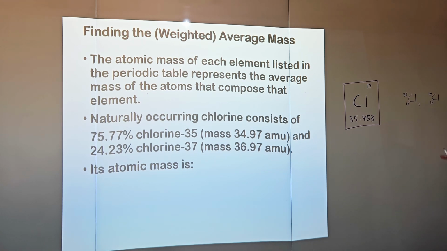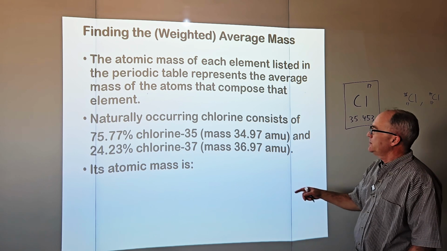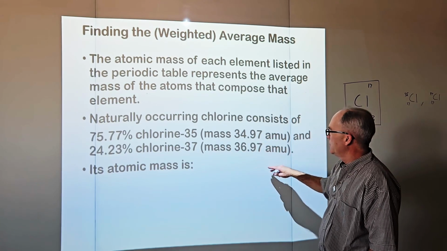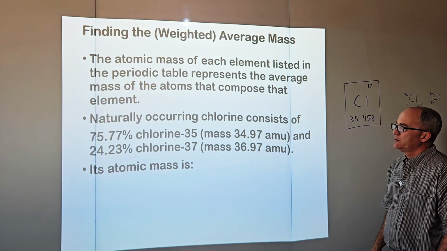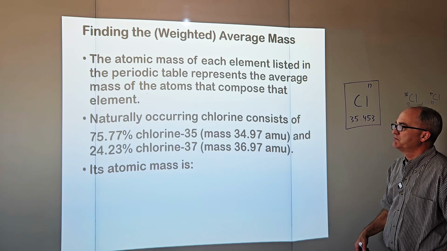So here's two isotopes. So this is called the atomic weight, which is the weighted average of all the naturally occurring isotopes. So here's the isotopes and their mass, and here is the naturally occurring abundance.